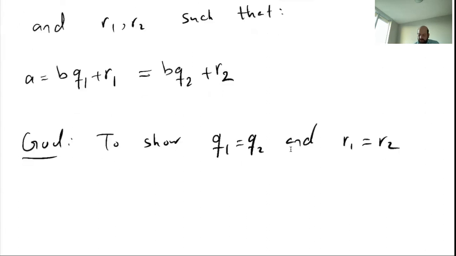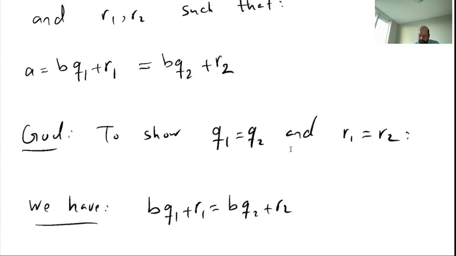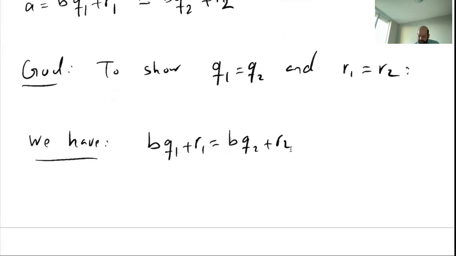Now, how can I do this? We have BQ1 plus R1 equals BQ2 plus R2, because both of them are equal to A. So if I take BQ2 to that side, BQ1 minus BQ2 equals R2 minus R1.